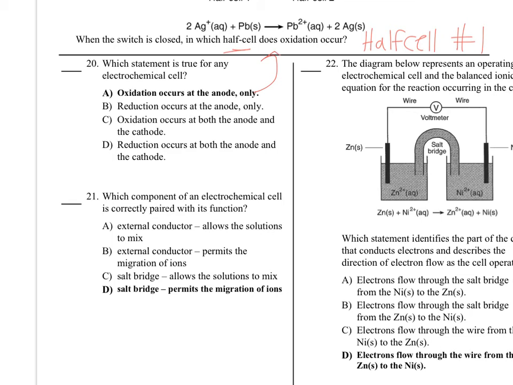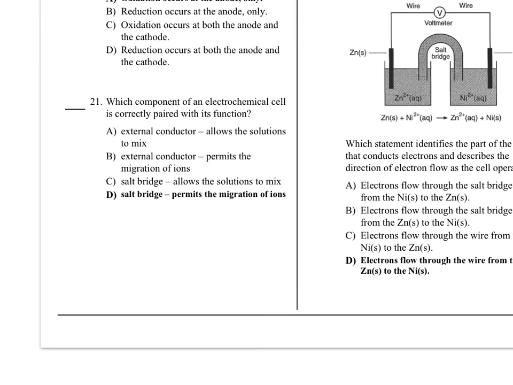21. Which component of the electrochemical cell is correctly paired with its function? All right. I've talked nothing about conductors. But we have talked about salt bridges. You'll get 75 million more questions about salt bridges. This is a very common thing to ask.